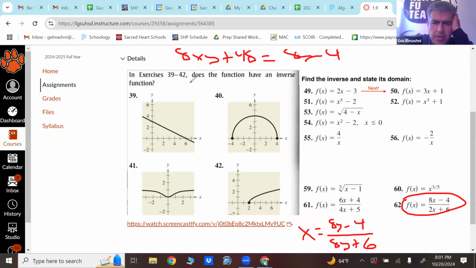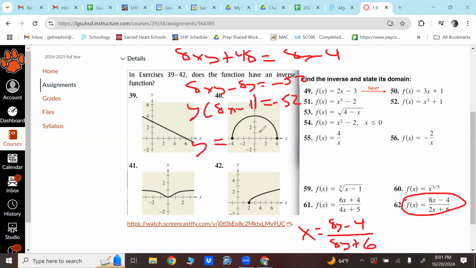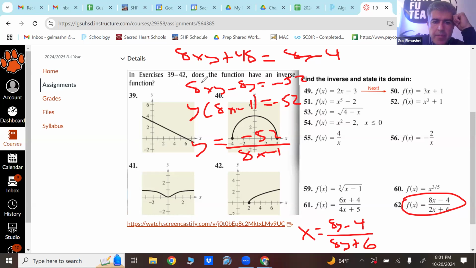And then if you move things around, factor out y. And that's how you get y by itself. You collect all the terms with y and factor it out, and you should be okay. Hope that makes sense.